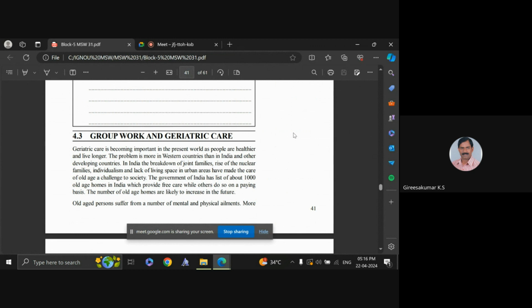And in police, that is considered most important because once they are informed, they will rush to that home and understand what is there.